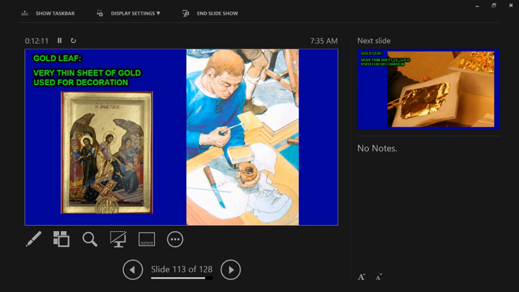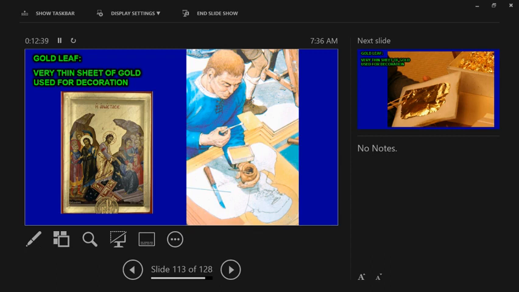So when you go to an art museum and you might stand in front of an image like this, it looks like gold paint. They painted on it with liquid gold, or paint that is the color of gold. That's not true. They didn't paint it, they just covered it with a thin sheet of actual gold.